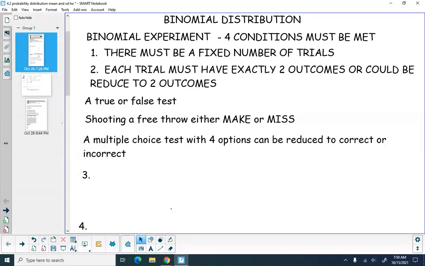Even though you have 4 options with a solution, you have an A, B, C, D. Or if you're taking the ACT test, you have 5 options. One of those is correct. The other 4 are incorrect. So your 4 options or 5 options on a multiple choice test can be reduced down to either correct or incorrect. That makes it binomial.